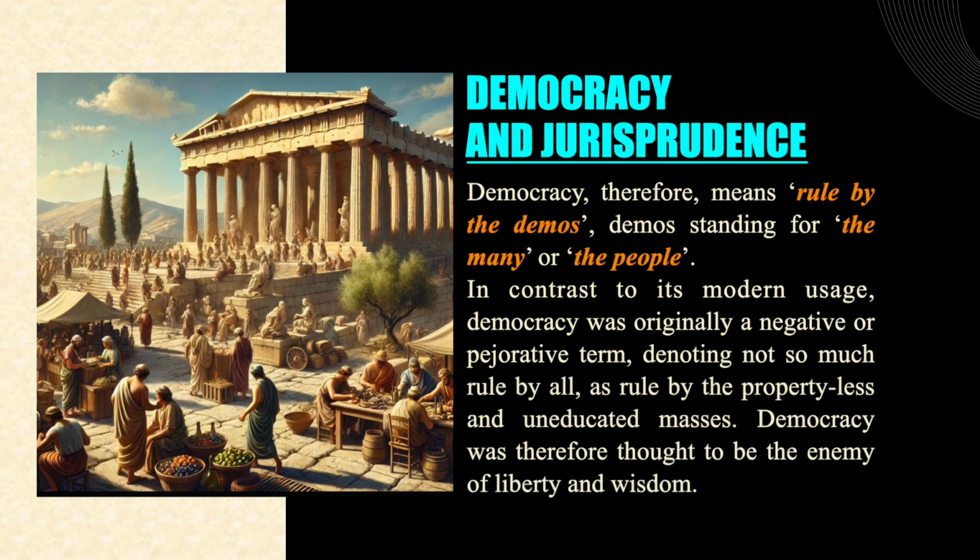Democracy therefore means rule by the demos, demos standing for the many or the people. In contrast to its modern uses, democracy was originally a negative or pejorative term, denoting not so much rule by all as rule by the propertyless and uneducated masses. Democracy was therefore thought to be the enemy of liberty and wisdom.